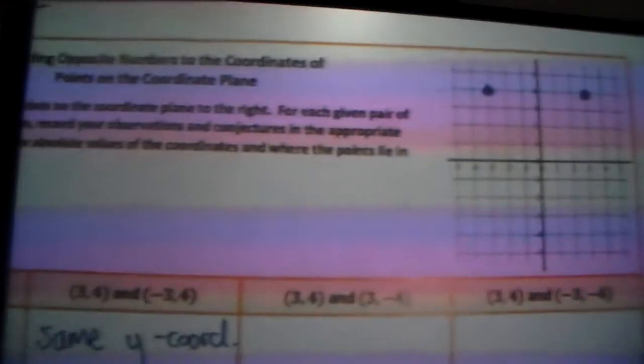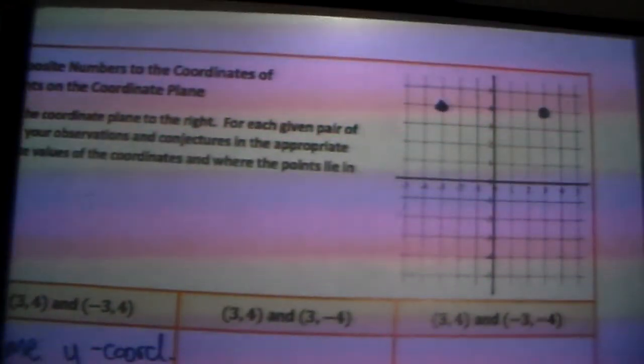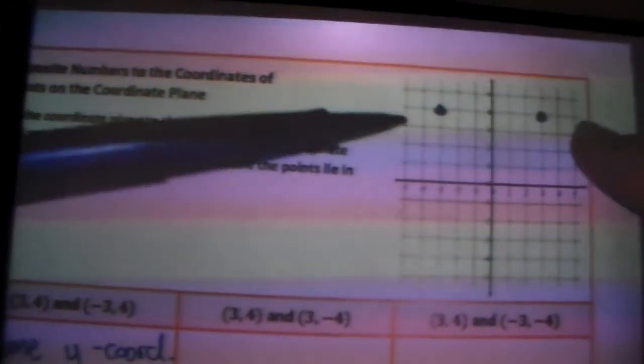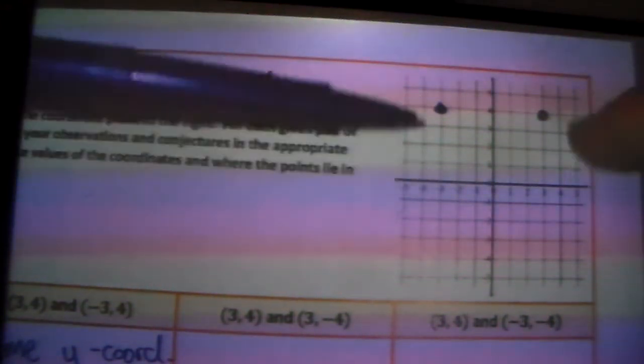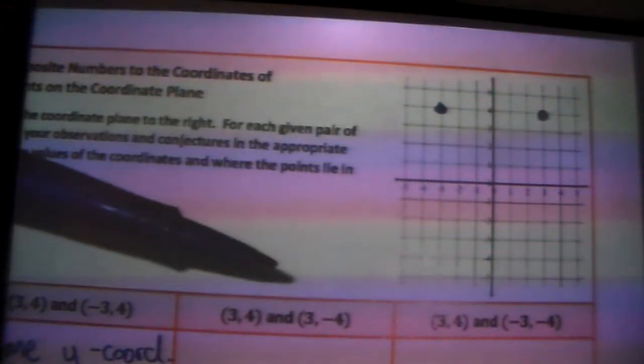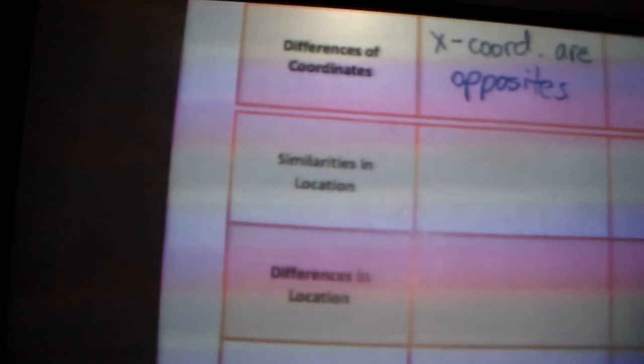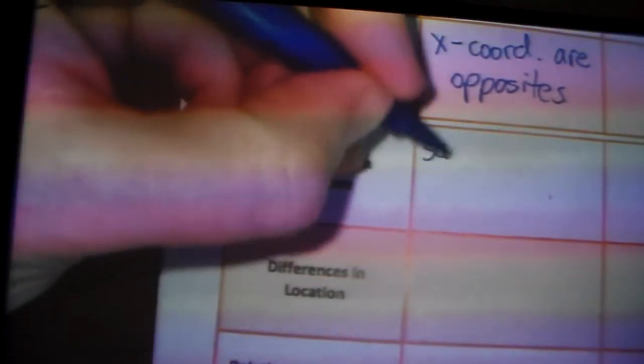The next thing asks us, how are they similar in location? Well, let's look at these 2 points. As you can see, they look like they are the same height, the same distance away from the x-axis. So let's write that down. Similar in location, they have the same y-axis, and that kind of means they have the same height.